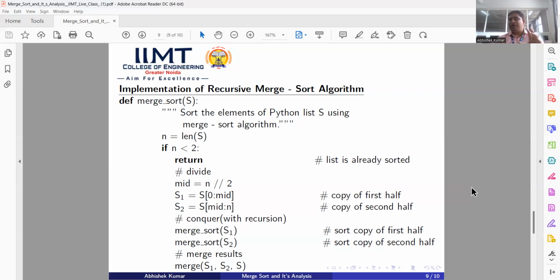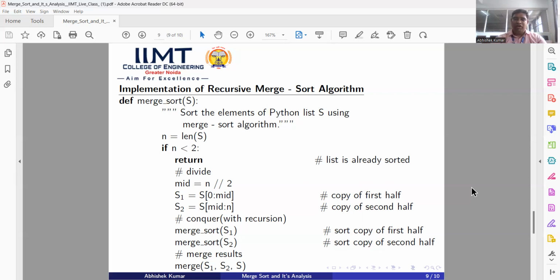Otherwise, if a particular sequence has 2 or more elements, then according to the merge sort algorithm, that problem is bigger. So in that case, we have to divide it into 2 equal halves. To divide into 2 equal halves, we do a very simple thing: we find the mid.